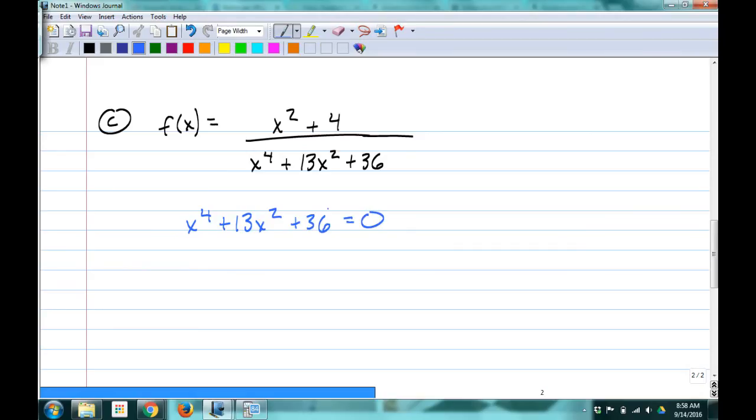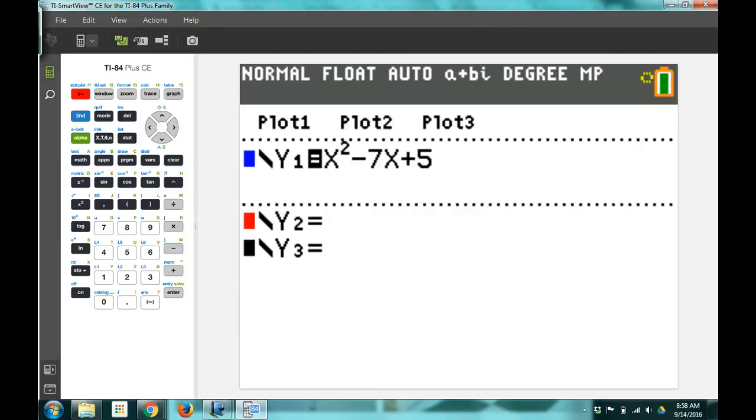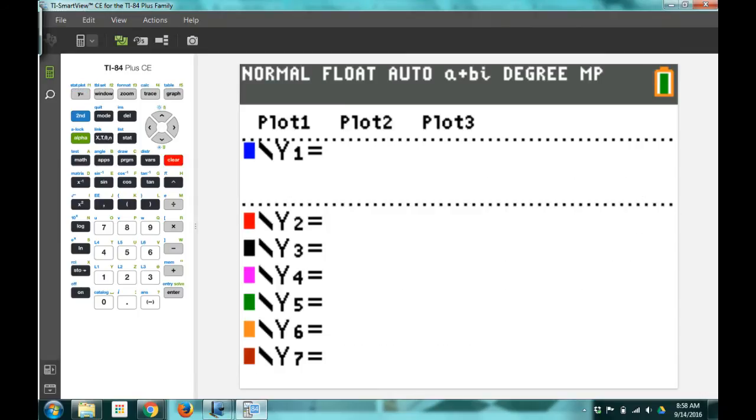Now, I'm thinking, okay, it's 4th degree, so graphing it might be an option. So I'm going to graph that, see if I can find somewhere where it crosses the x-axis. X raised to the 4th plus 13x squared plus 36, graph.